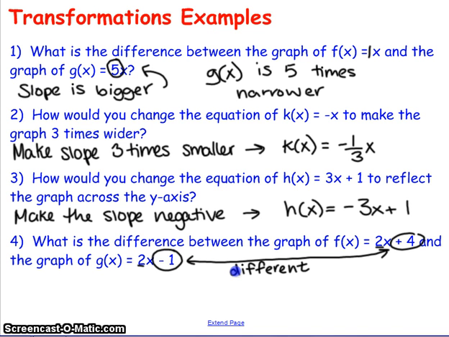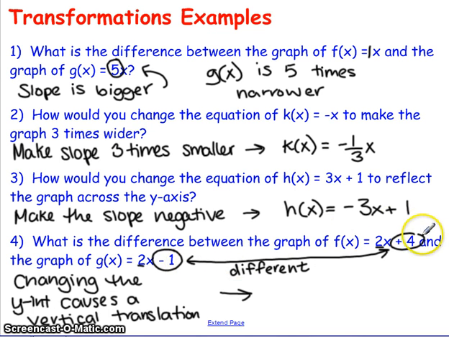So we know that changing the y-intercept causes a vertical translation. If we go from 4 down to negative 1, that means that we went down 5 units. So g of x is shifted down 5 units from f of x.